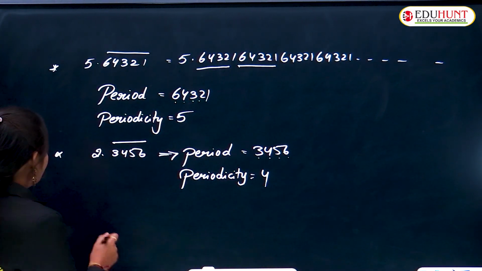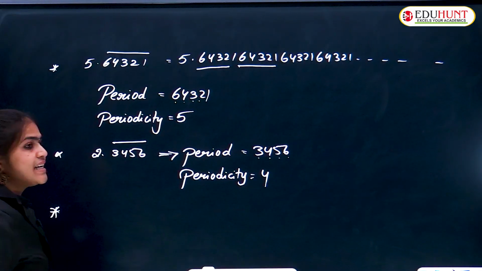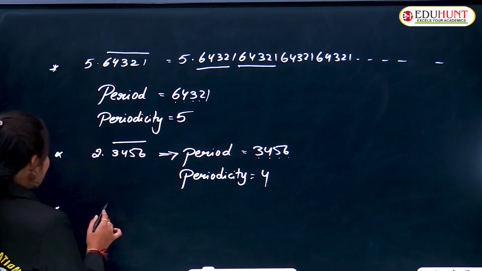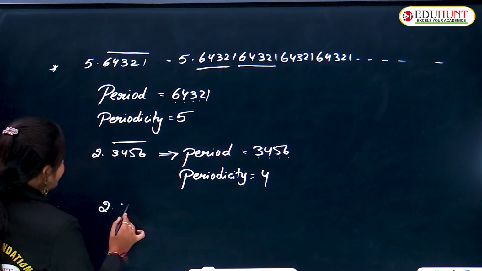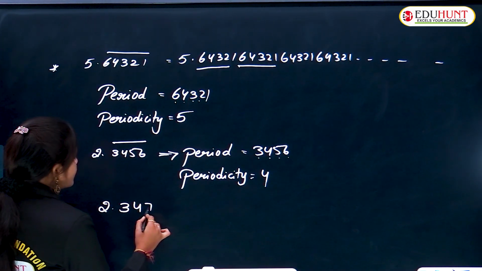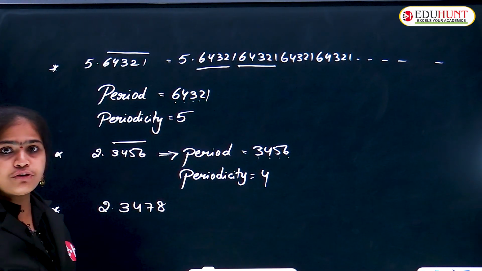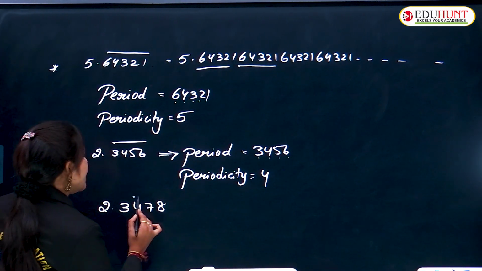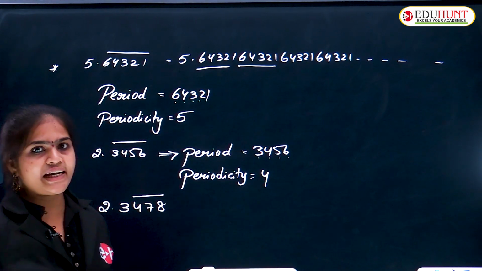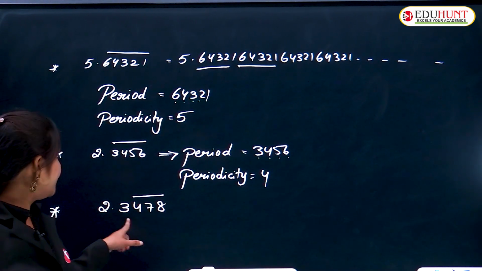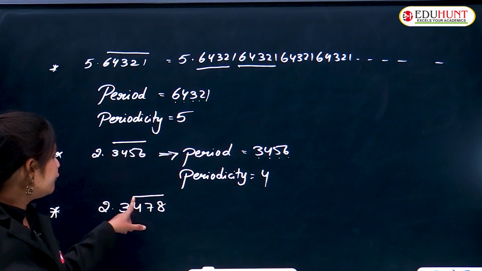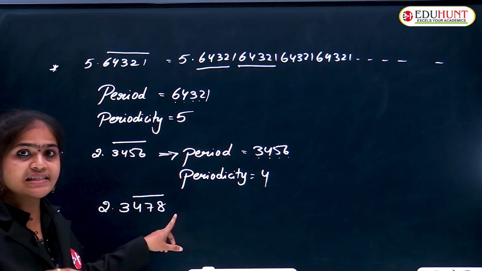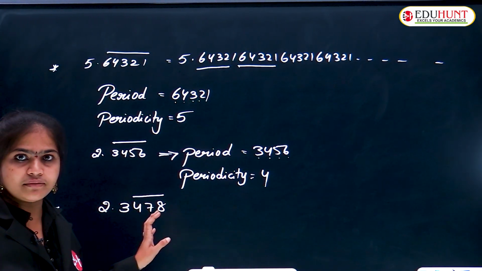Now I will tell you about the mixed recurring decimal. For example, 2.3478, where the bar symbol is on 478 only. Observe this carefully.